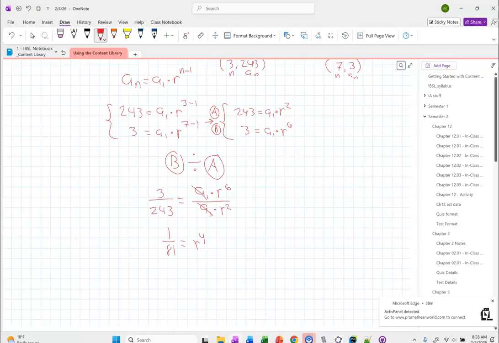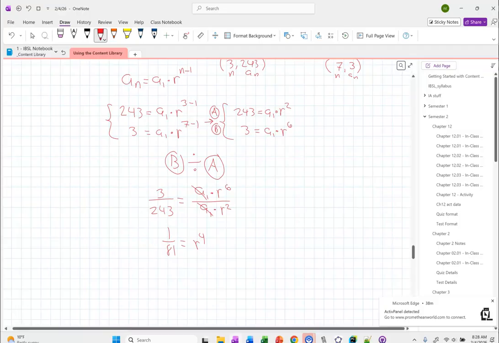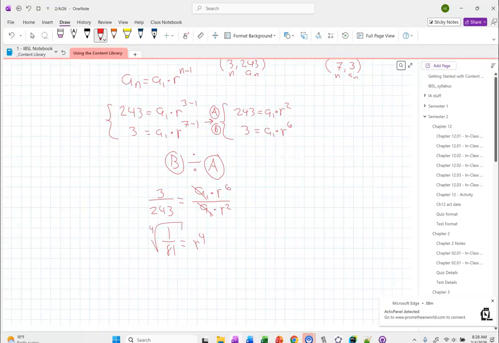Okay. So then to solve this, I'm going to take the 4th root of both sides. Now, because it's an even root, technically speaking, I'm going to get a plus or minus here, which means I'm going to get 2 sets of possible answers.